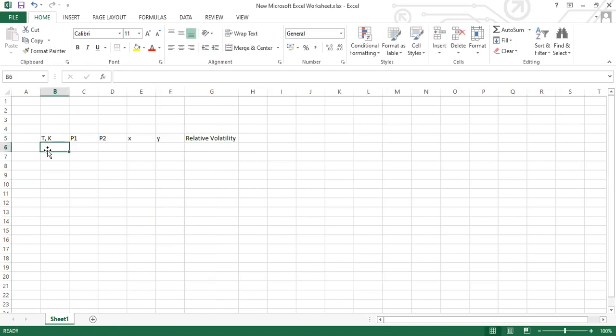Different values of T are given. What are the values of T? 353.1, then 358, 363, 368, 373, 378, 383, 383.6.